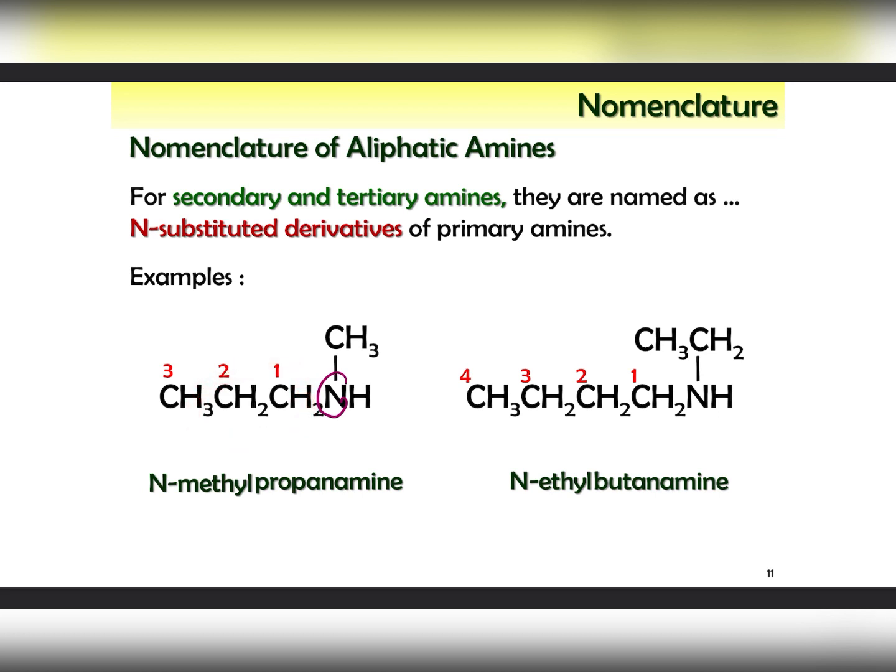So you have 1, 2, 3 carbons. So obviously this one will be your longest chain to be the parent chain.